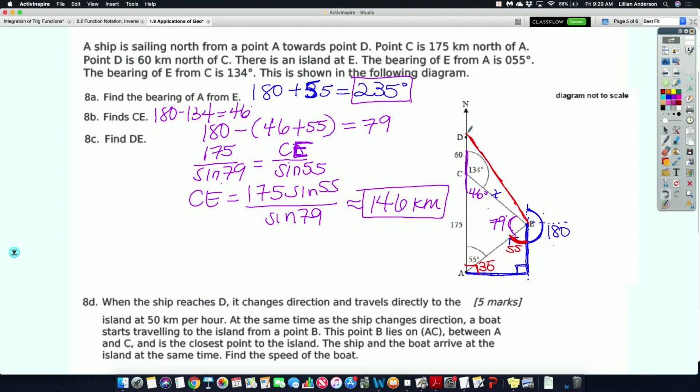Law of cosines, because I have two sides and an included angle. I have CD, which is 60. I have CE, which you just found, so please make sure you do not use the rounded answer to find DE. So go ahead and do that. Do not use the rounded answer for CE when you're doing this.